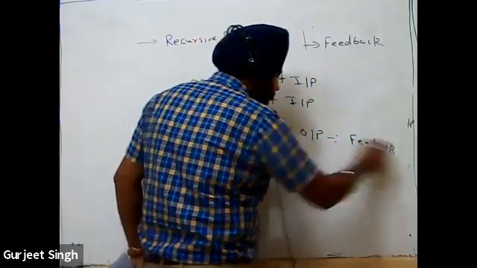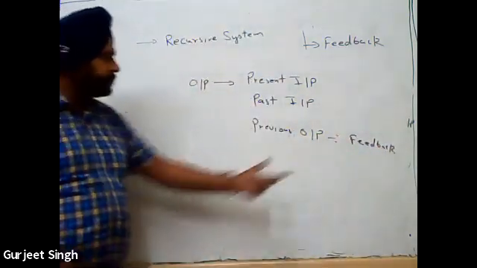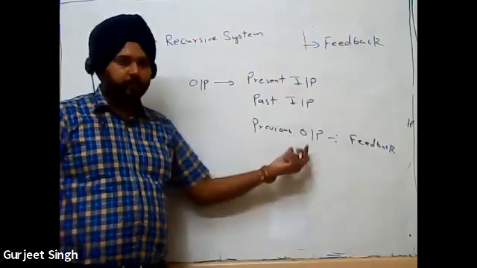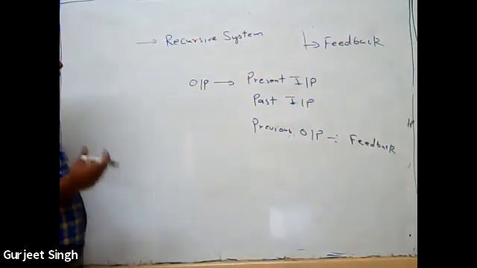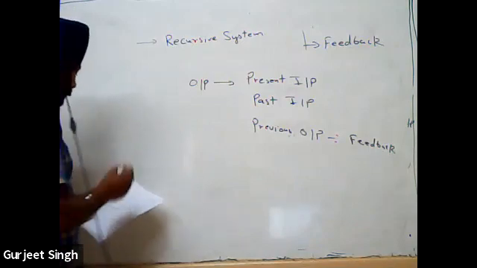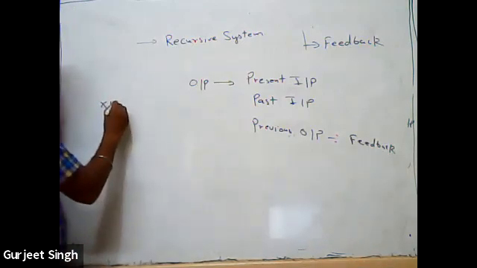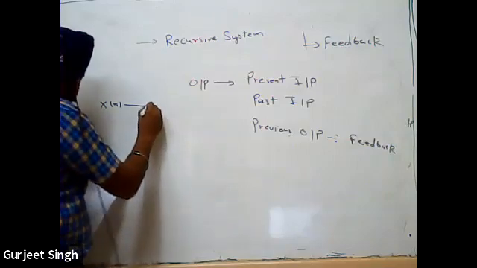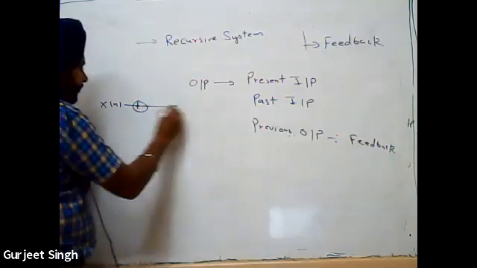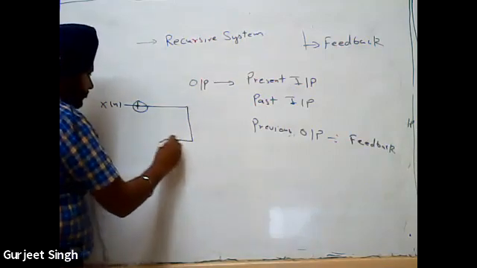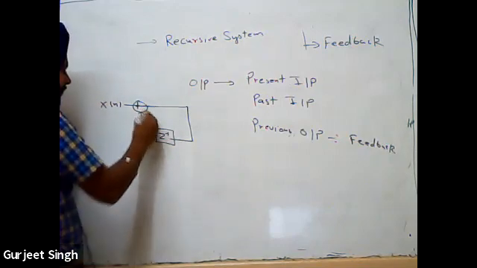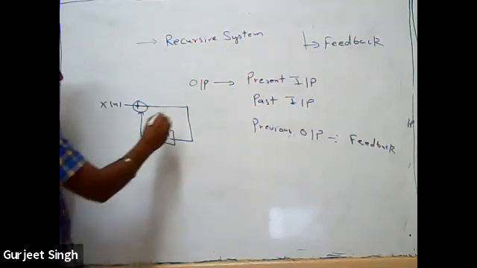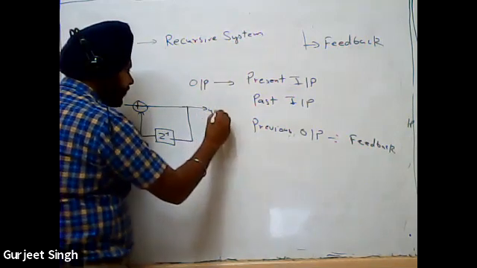Previous output means it takes some feedback from the output to the input. If I draw the circuit diagram of this recursive system, we take the input x[n], then draw an adder, and here I take z to the power minus 1 as the delay. This is our output, y[n].